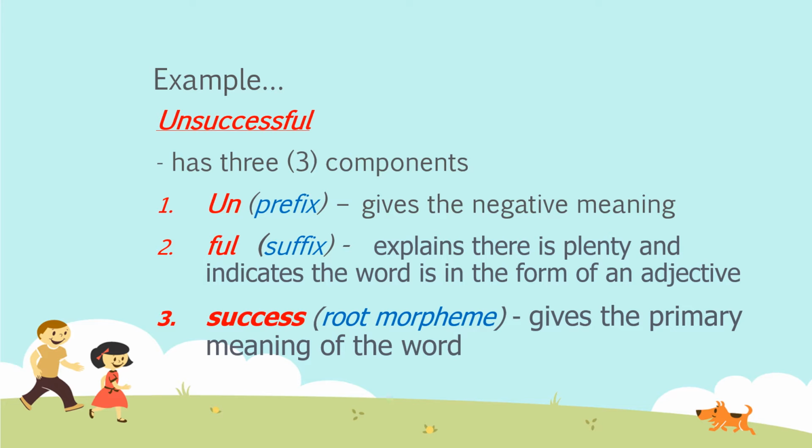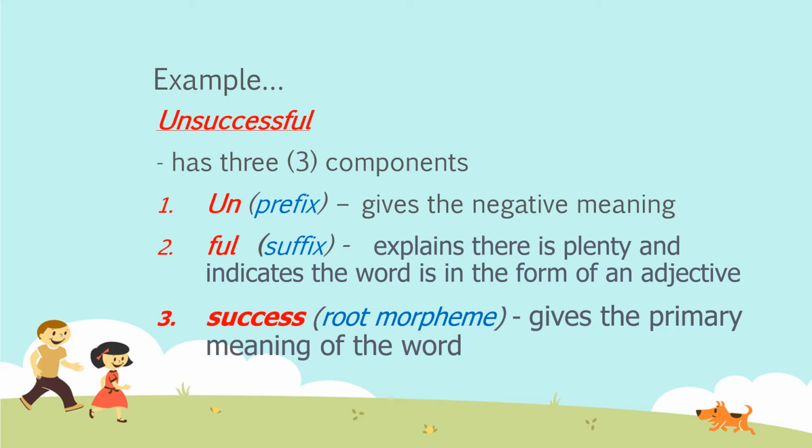The last one, full or ful, explains there is plenty and indicates the word is in the form of an adjective. The middle morpheme, which is success, gives the primary meaning of the word.